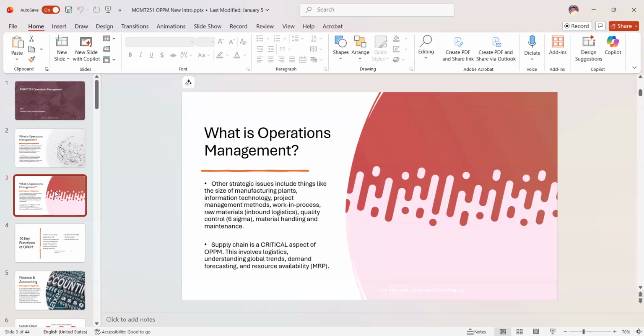So, whether it involves material handling or just dealing with service issues, supply chain is a critical aspect of OPPM. And supply chain involves this idea of logistics, understanding what global trends might be influencers, demand forecasting, and resource availability, and so forth.